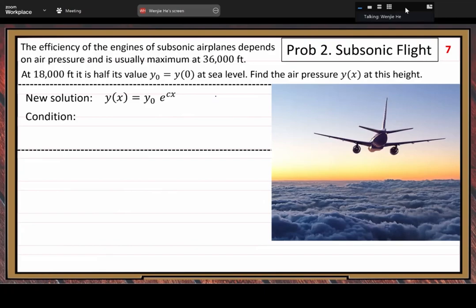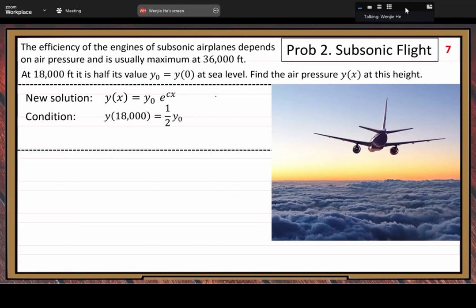The given condition so far: at 18,000, air pressure is 1/2 of the sea level pressure, half times Y0 at 18,000 height.